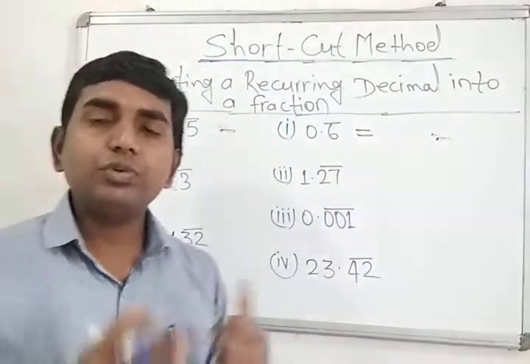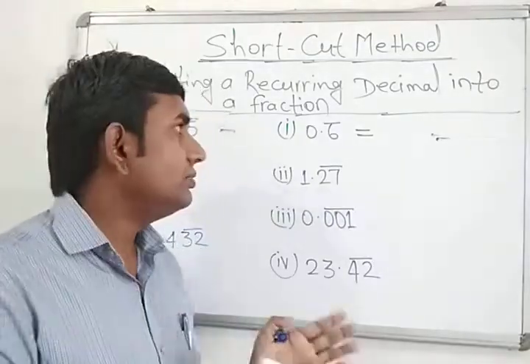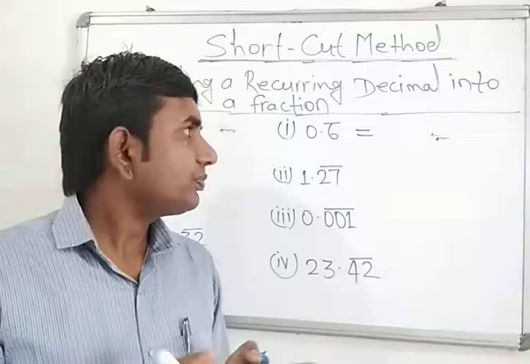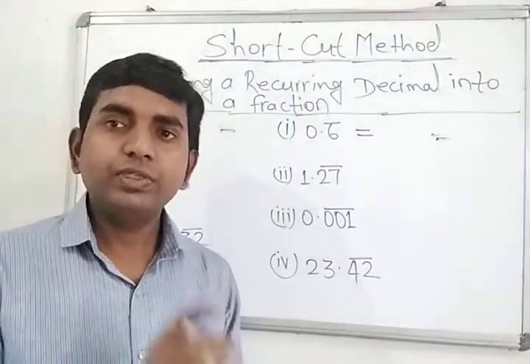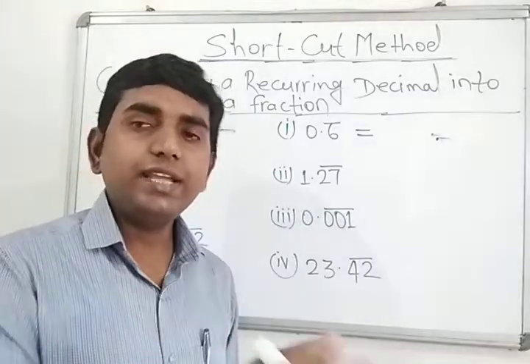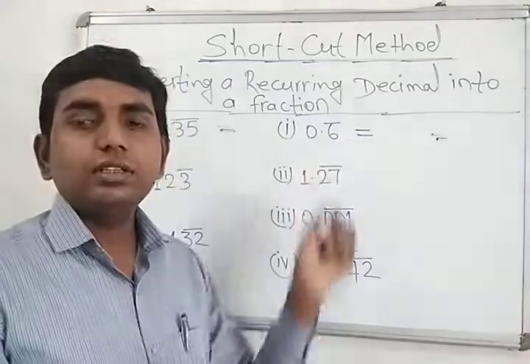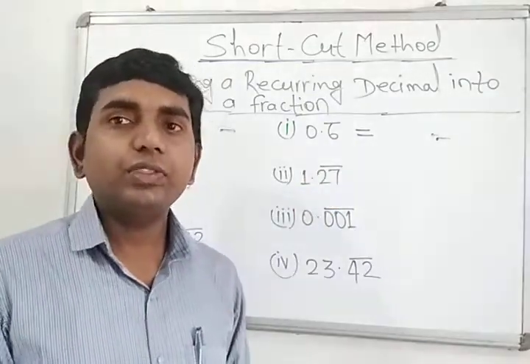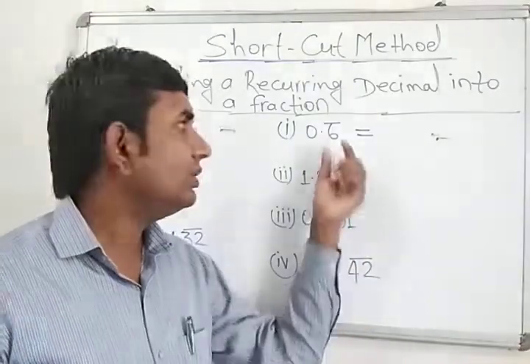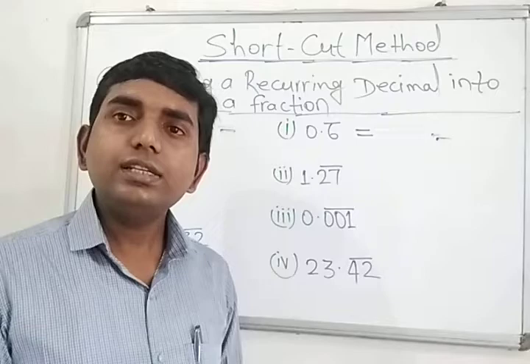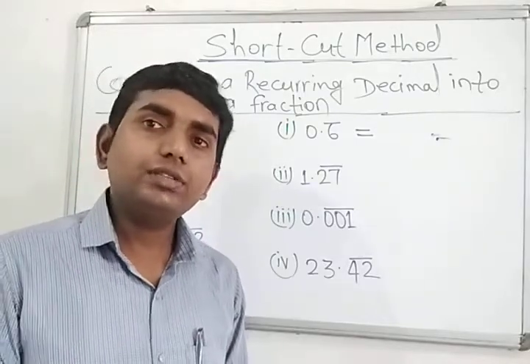First we write the total digits, meaning those digits in the whole part and the decimal part. Then we write minus the number of digits which are non-recurring, divided by as many 9s as the number of recurring digits, followed by as many 0s as the number of non-recurring digits after the decimal.